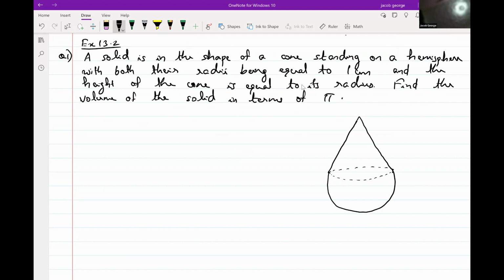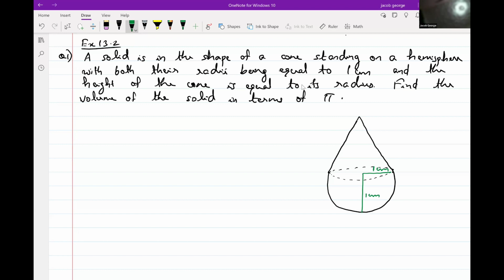Both their radii are 1 centimeter. So this is 1 centimeter, and here also it is 1 centimeter.